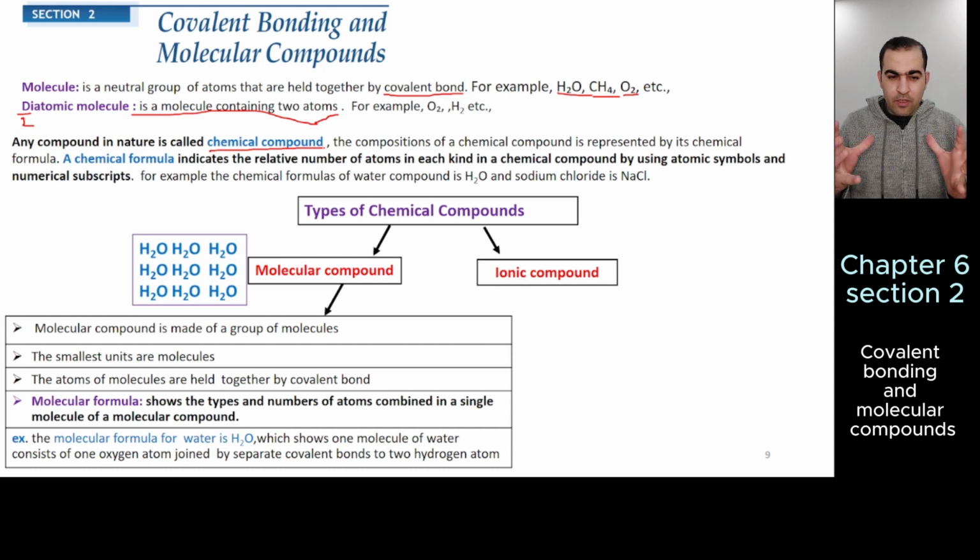A chemical formula indicates the relative number of atoms of each kind in a chemical compound by using atomic symbols and numerical subscripts.